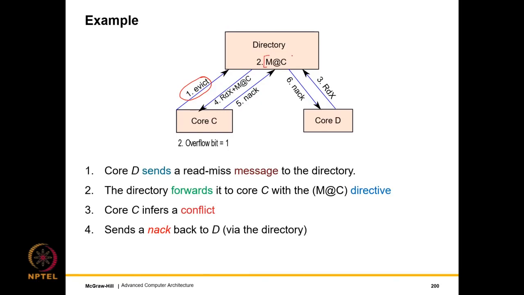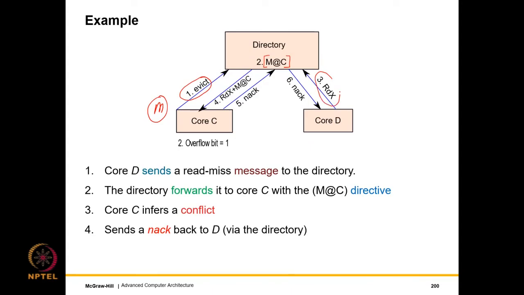The directory sets the state to M at C primarily because core C was the only core which had the block in the modified state. So it will set it to M at C, and then it will not do anything. It'll wait for subsequent requests.